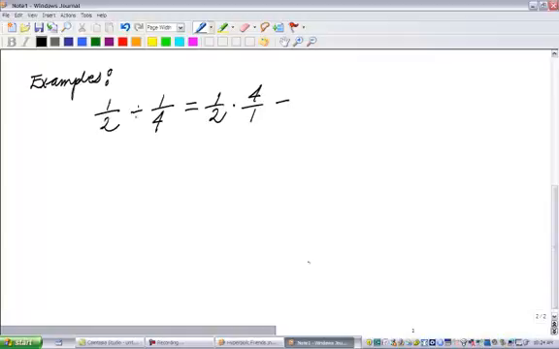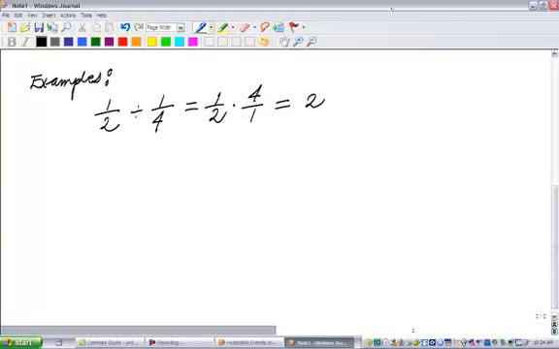And this is equal to what? 4 over 2 is equal to 2. Or you can just cancel out the same factor. 4 has a factor of 2, and in the denominator you have a factor of 2. You can cancel them out. Everybody's okay?